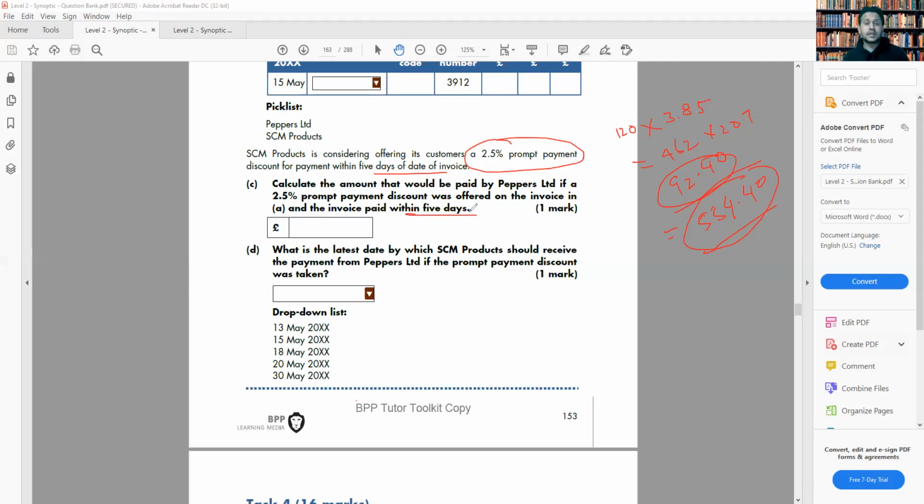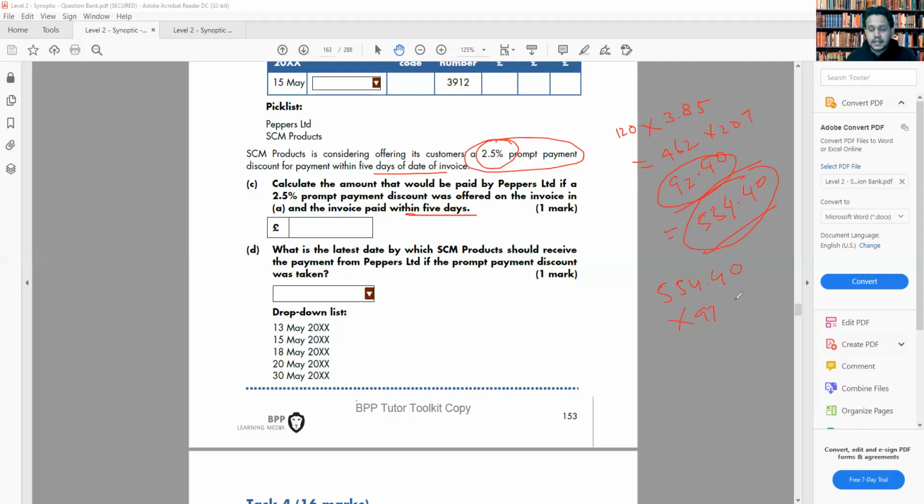So what happens if the customer chooses to pay within 5 days and take the discount? They will pay me 2.5% less, isn't it? So from the 554.40, they're not going to pay the whole amount. They'll pay me 2.5% less. You can minus 2.5% from here, but the way I do it, I multiply with the percentage. So I multiply with 97.5%.